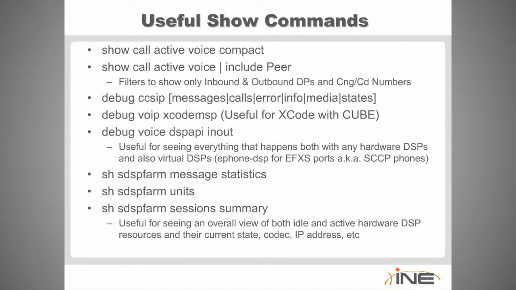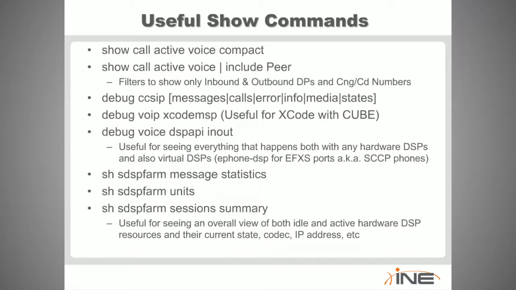Debug voip xcode msp, so debug transcoders and the media signal processor, useful for debugging transcoding with CUBE, which would essentially be any time a SIP phone is placing a call to either another SIP phone or out to a SIP or H323 trunk back to another Call Manager Express, what have you.